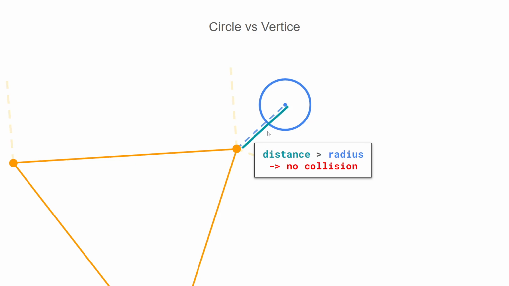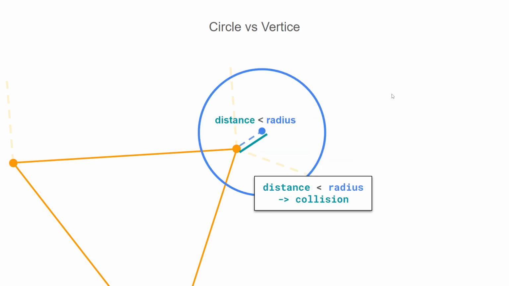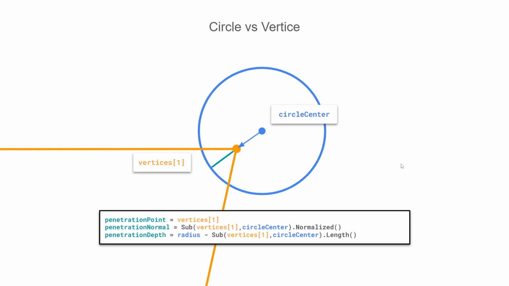And here we're just going to compare two values. We're comparing the distance between these 2 points. Again, make a direction vector from this one to this one and compare the length of the direction vector with the radius. And if the distance is greater than the radius, then there's no collision. Then we have the case where there is a collision, and in this case the distance is just smaller than the radius. And that's it.